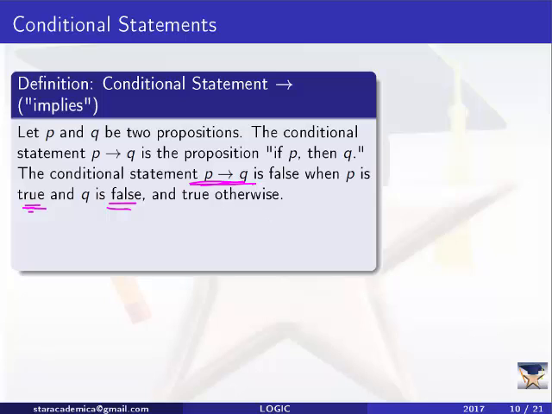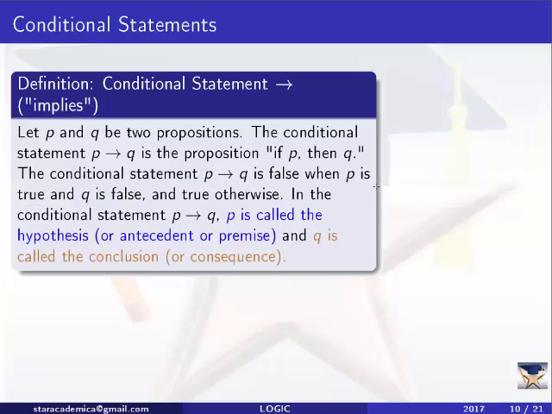So if P is true and Q is false, if true implies false, then this statement is false, otherwise it is true. Okay, and this is a conditional statement because we have an if, it depends on something.